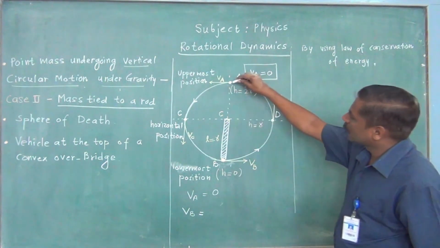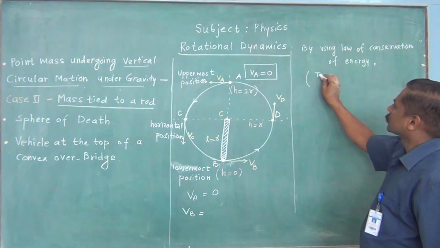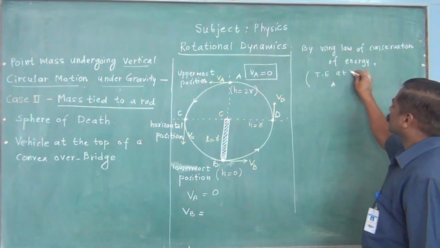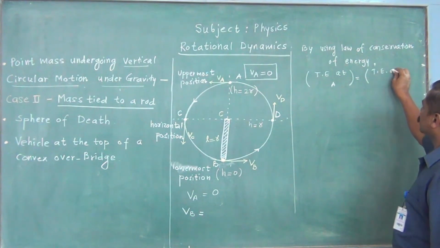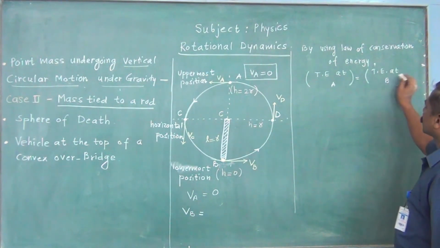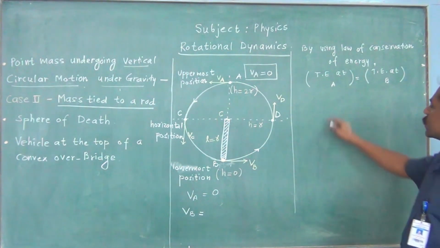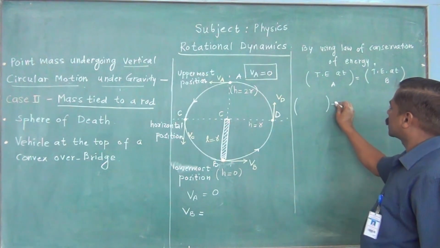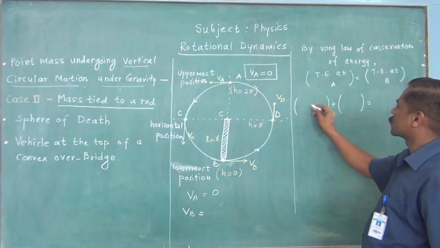We are thinking about point A and point B. So we can write that the total energy at A is equal to the total energy at B, because we are considering these two positions. Okay, now what is meant by total energy? Total energy is nothing but the addition of kinetic plus potential energy.